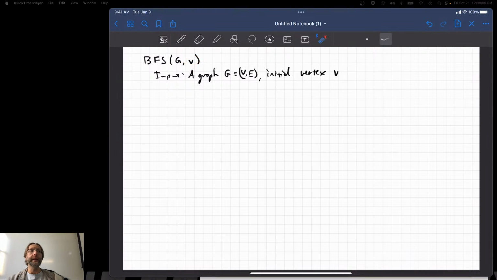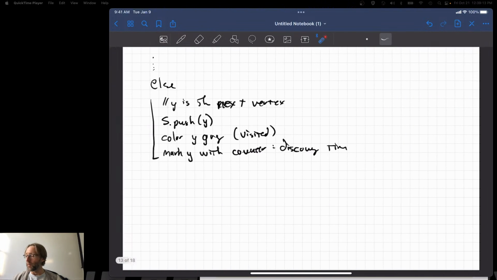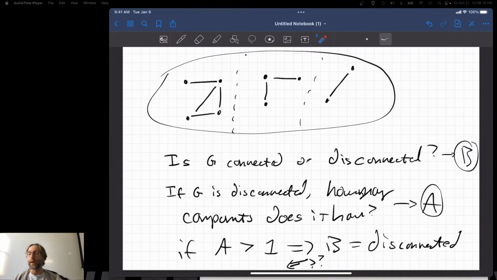Because you might need to restart your BFS. Remember, there's a disconnected graph. I've got 1, 2, 3 connected components. If I did a BFS on this and started in one component, I go out to its neighbors right here, but have I explored the entire graph?